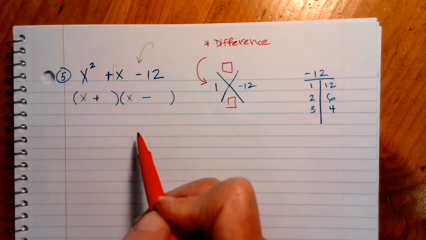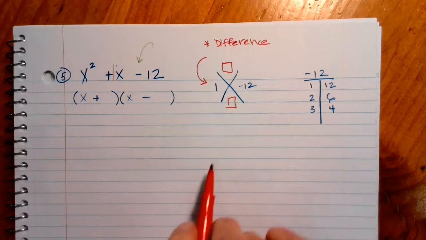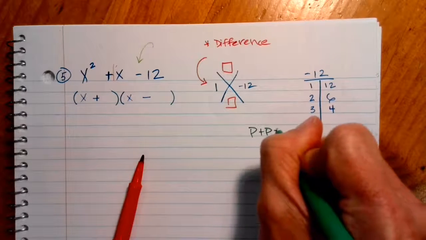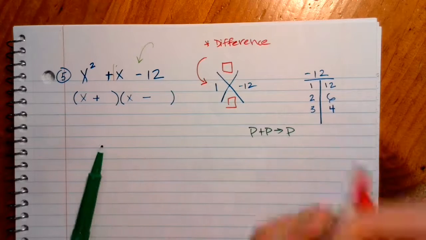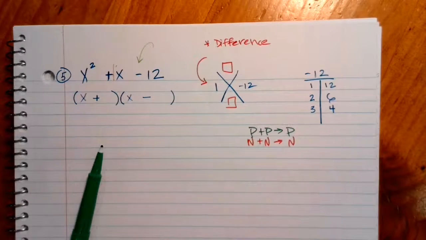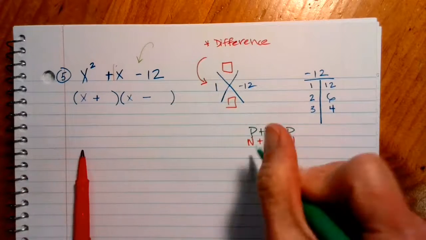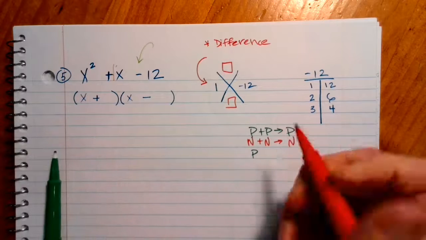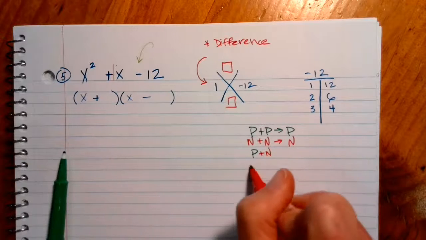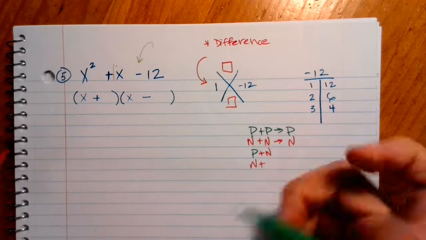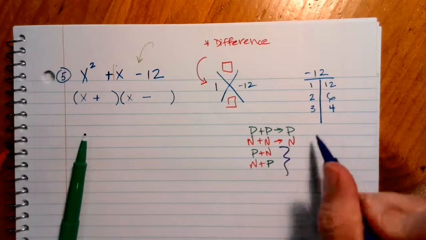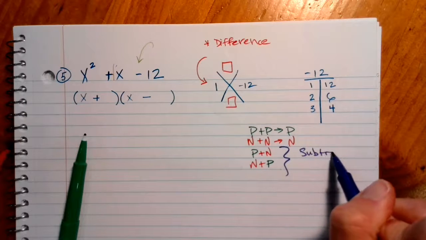And you know from your integer rules that when you have a positive plus a positive, you get a positive. When you have a negative plus a negative, yep, you just get more negatives. But when you have a positive plus a negative, or a negative plus a positive, what you actually wind up with here is a subtraction problem.